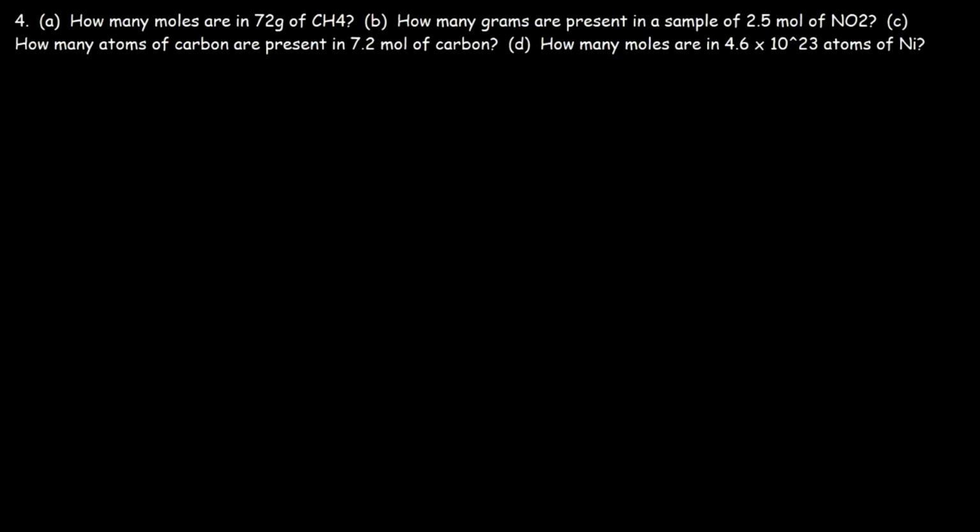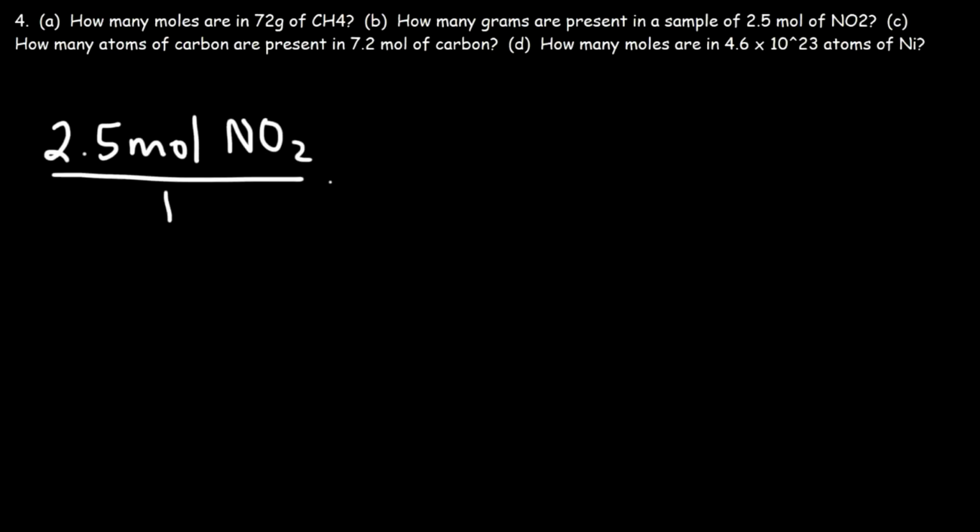Part B. How many grams are present in a sample of 2.5 moles of NO2? This time we're going backwards. We need to convert from moles to grams. So let's start with what we're given, 2.5 moles of NO2. Now just like before, in the next fraction we need to put the conversion factor.